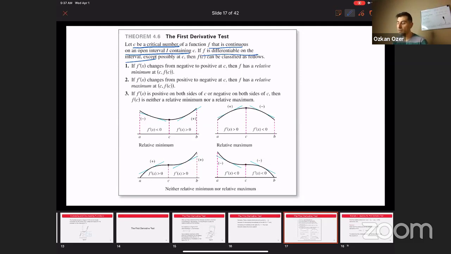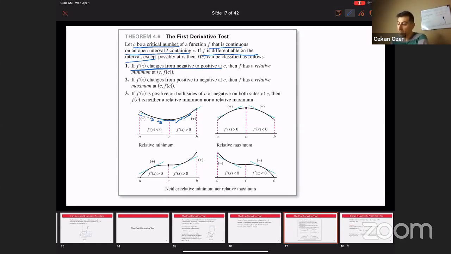Okay? So this one says that if f prime changes from negative to positive, that means you have the decreasing behavior, and then increasing behavior immediately after you hit the critical point. So this critical point c should be a relative minimum.